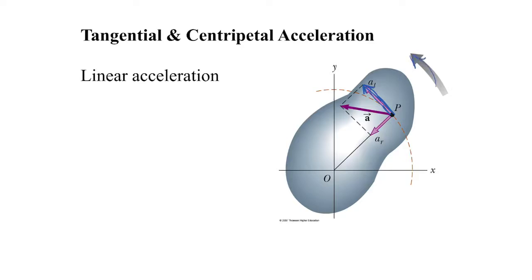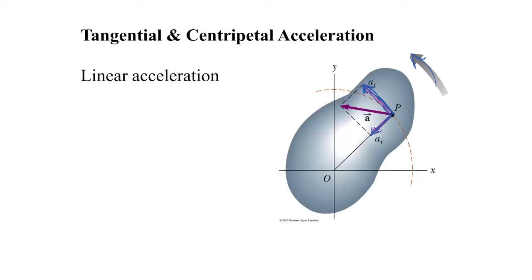If this is already moving in that counterclockwise direction, this is showing us something that is speeding up. And then, of course, we have our centripetal acceleration, which is always going towards the center of the circle. The centripetal acceleration tells us that it is constantly changing direction, but the tangential acceleration is the one saying it's speeding up as it goes along or slowing down.